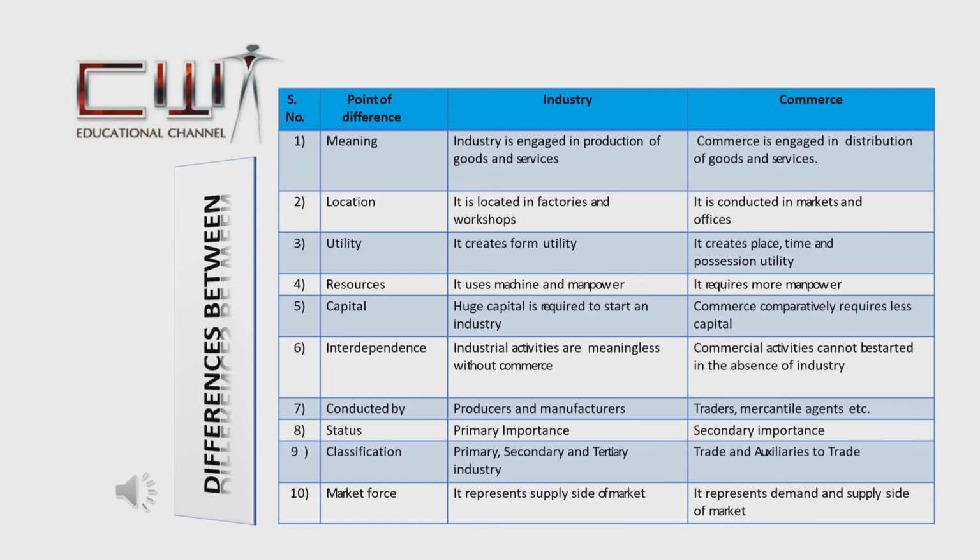Industry is conducted by producers and manufacturers, and commerce is conducted by traders, mercantile agents, etc. Industry is classified into primary, secondary, and tertiary industry, while commerce is classified into trade and auxiliaries to trade. Industry represents the supply side of the market, whereas commerce represents both the demand and the supply side of the market.